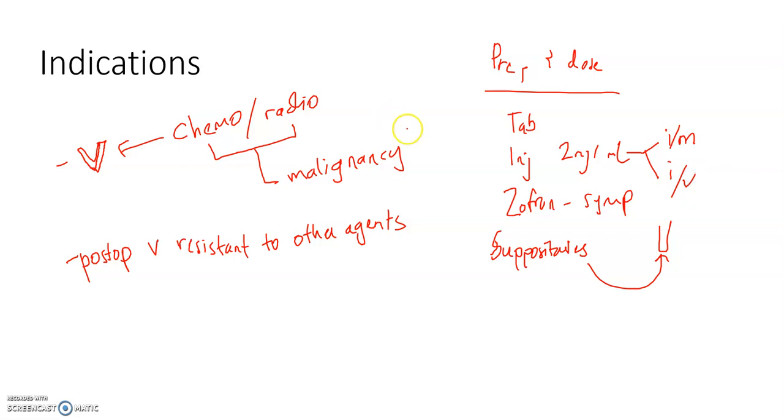So, for example, to prevent post-operative nausea and vomiting, to prevent people vomiting and having nausea after a surgery, we can give, for example, 16 milligrams of ondansetron 1 hour before giving anesthesia. And also, we can give another 4 milligrams during the induction of anesthesia, when the patient is on the table, ready for surgery.